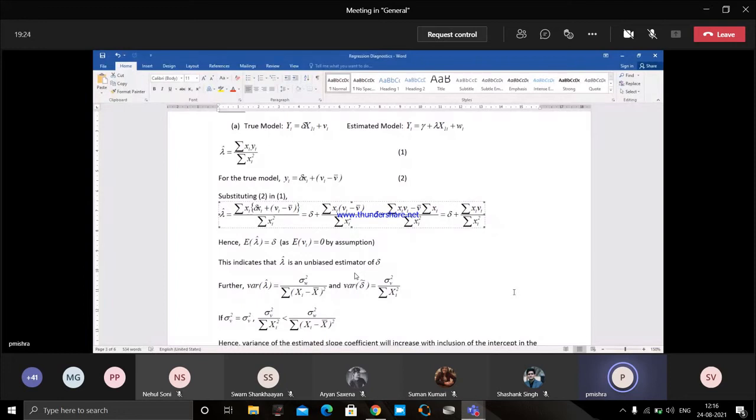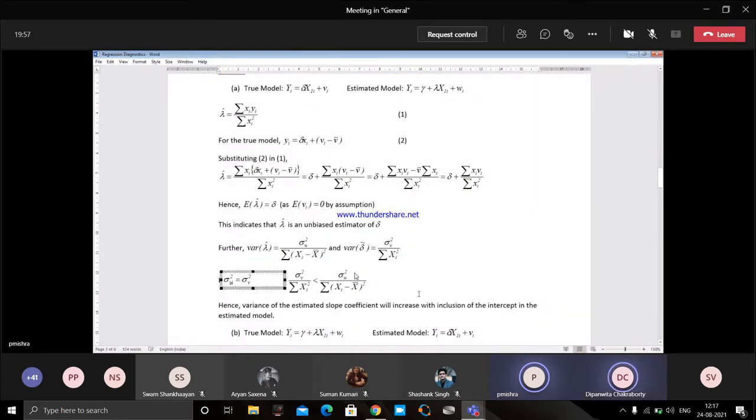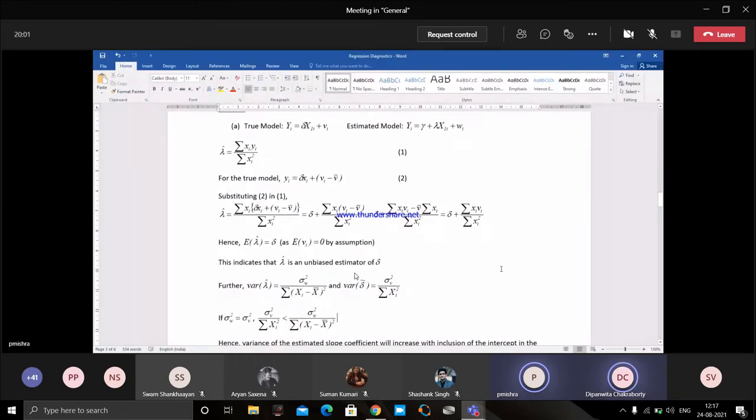Now, as regards the variance, you can see from the estimated model we are getting this as the variance, and from the true model we have this, which is higher than this, provided sigma square W, this should be W. Sigma square W is equal to sigma square V. If sigma square W is higher than sigma square V, obviously from the estimated model we have the higher variance.